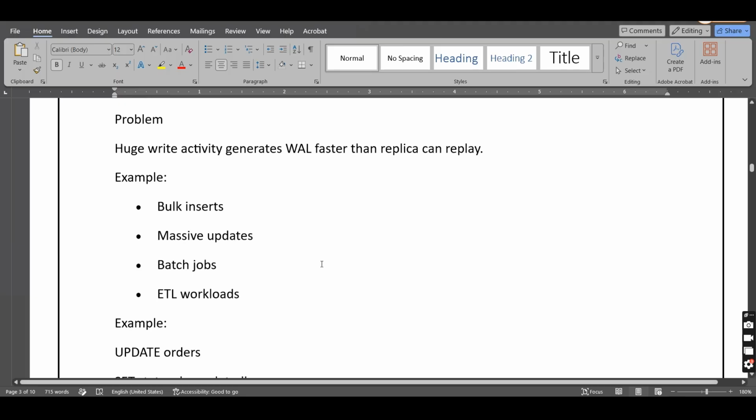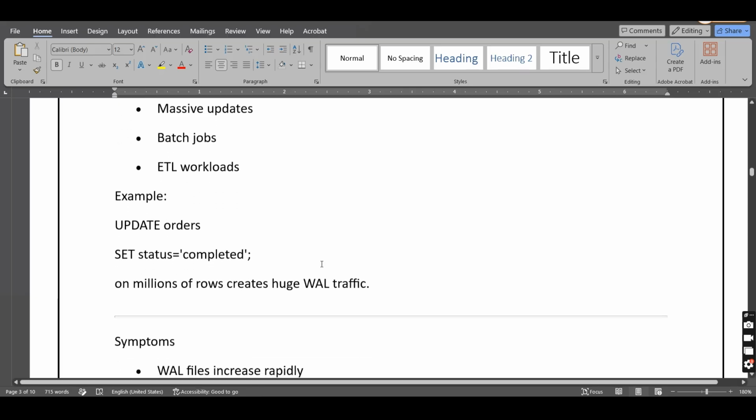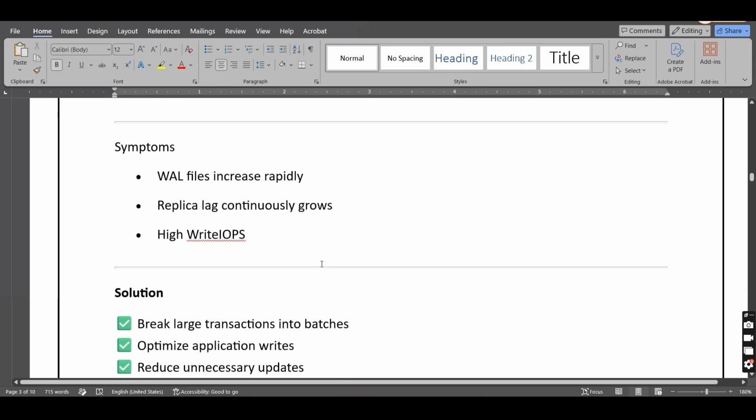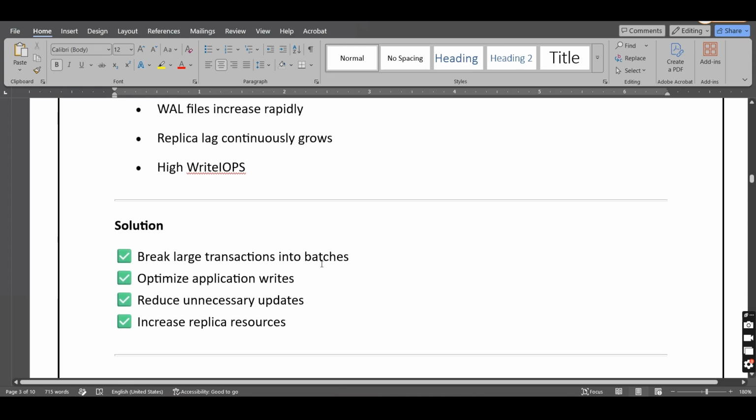The huge write activity includes bulk inserts, massive updates, and batch processes. These are a few activities inside huge write activity. We have a number of possible solutions for this root cause.